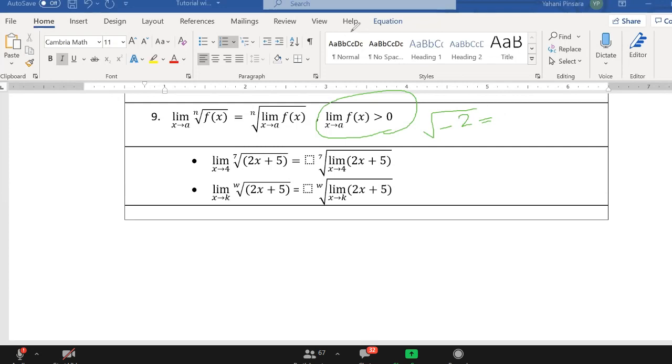That means you can't display it. This is an imaginary value, not a real value.